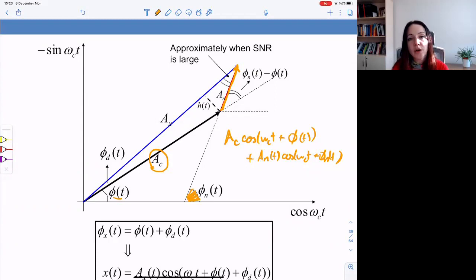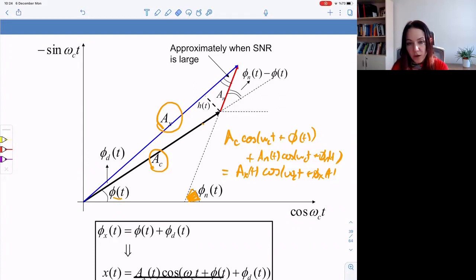Now, when the SNR is large, the red vector is much smaller in magnitude with respect to the black vector. What is A_X? A_X(t) cos(w_C t + phi_X(t)) refers to the resultant vector that forms out of adding the black and the red vectors.